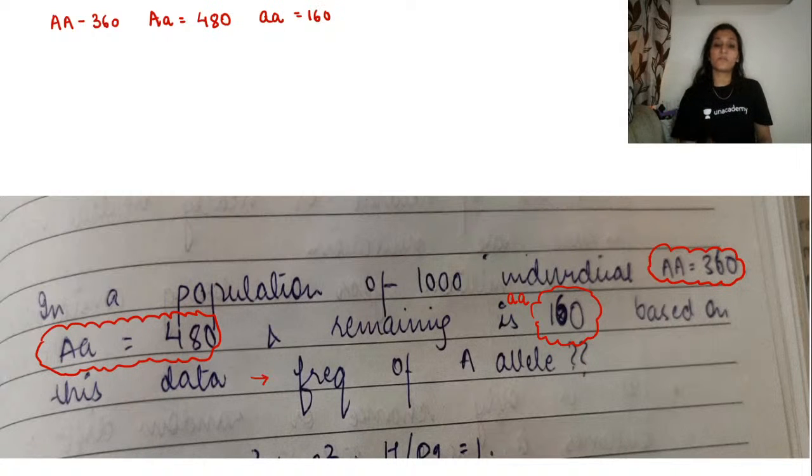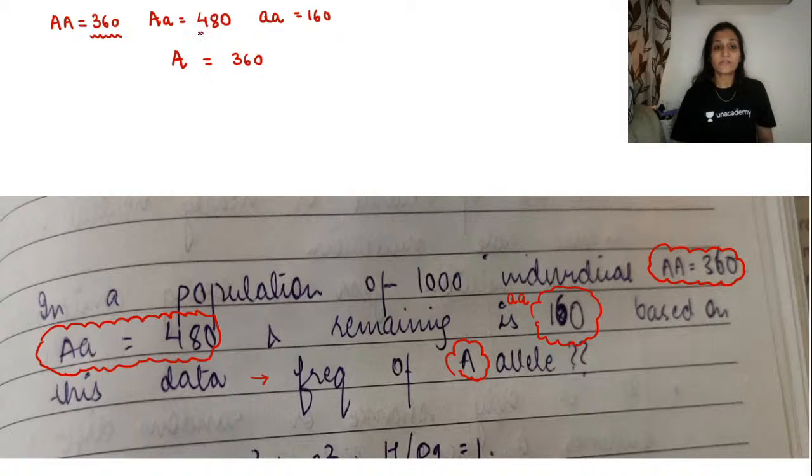Now we have to find out the frequency of the allele. So how would we calculate it? If we are calculating the frequency of capital A, as they are asking in the question, capital A allele is present here in this situation, so we can take 360 from here.